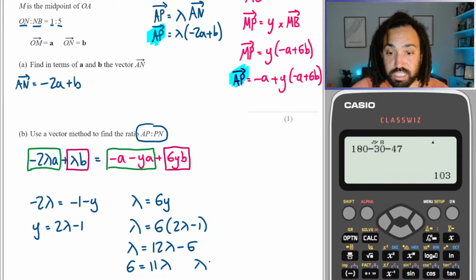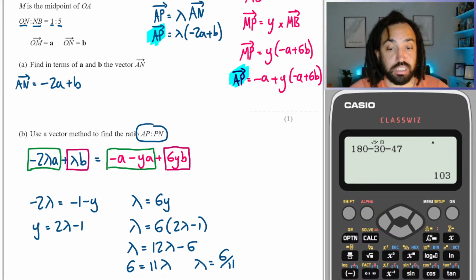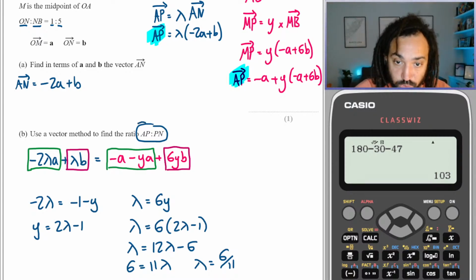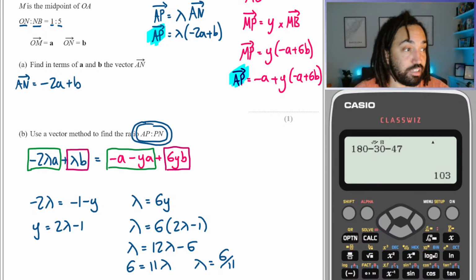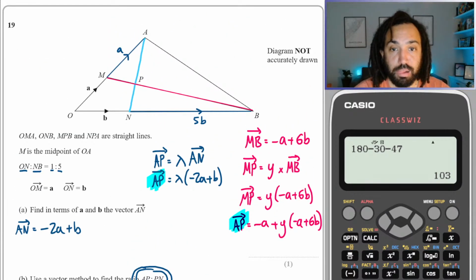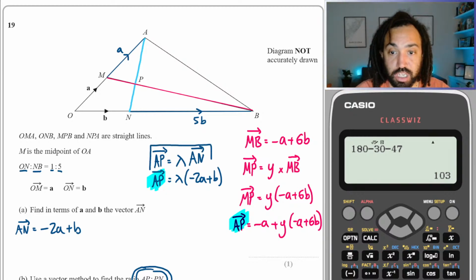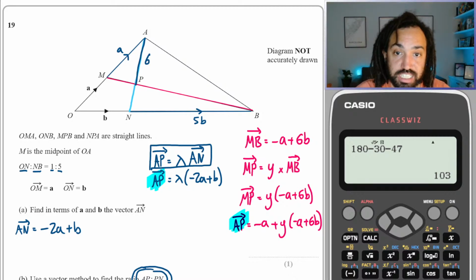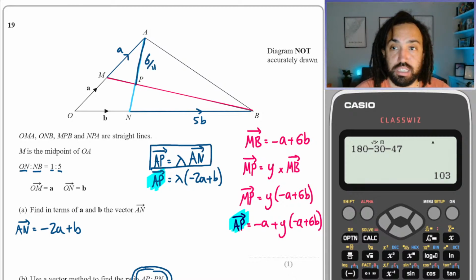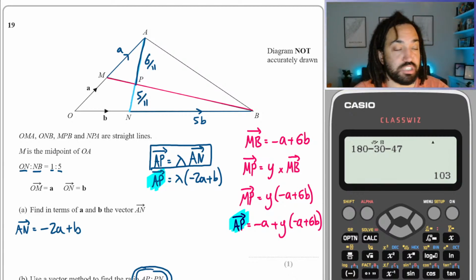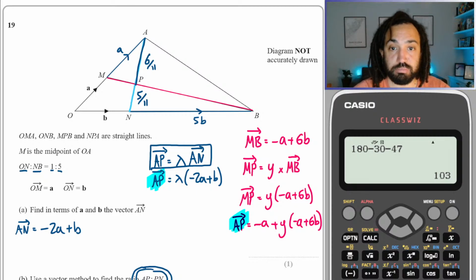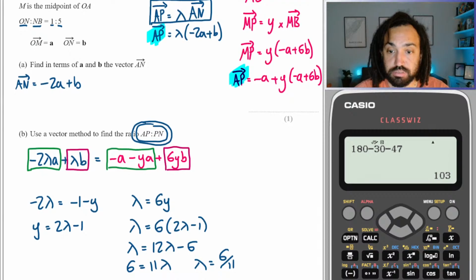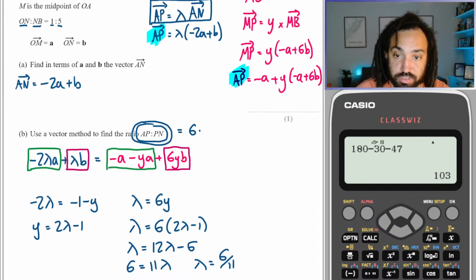So therefore lambda is equal to 6 over 11. And lambda is exactly what I want because we are looking for the ratio of AP to PN. And remember, I said that AP was lambda times AN. So if this is 6/11ths of the whole line, it means the other part must be 5/11ths of the whole line, which means the ratio between the two parts must be 6 to 5. So the answer is 6 to 5.